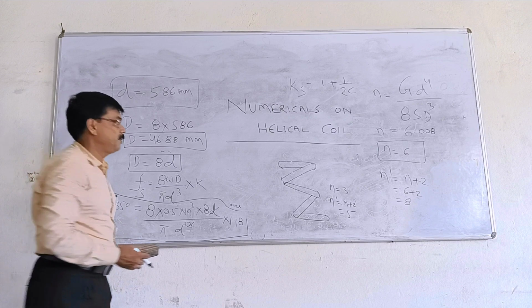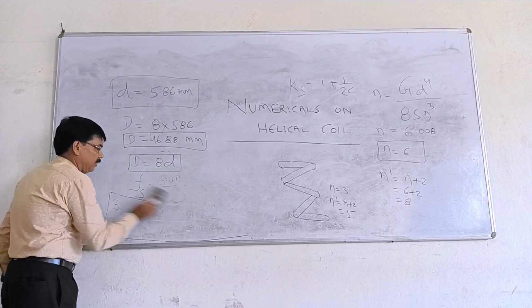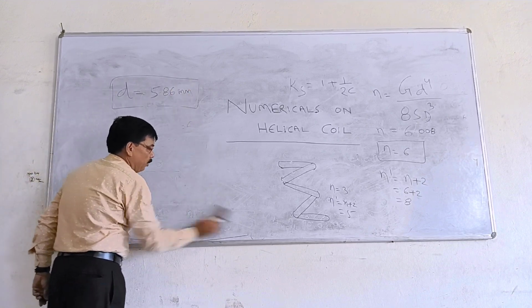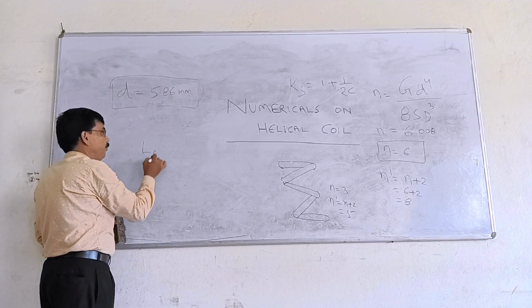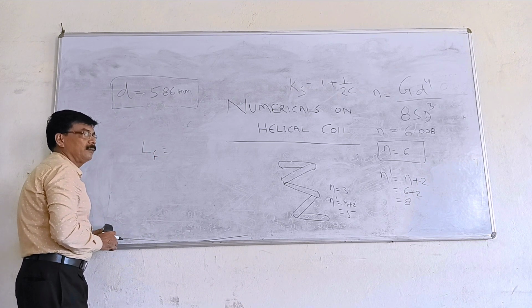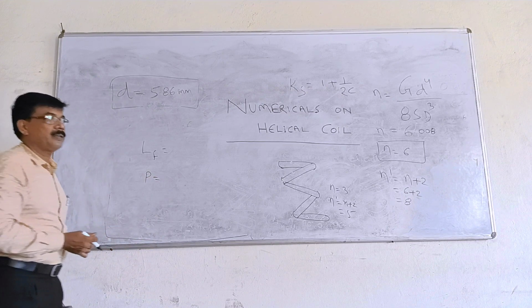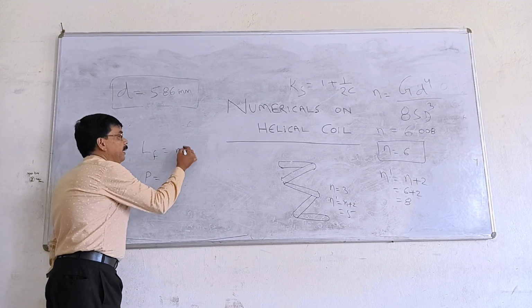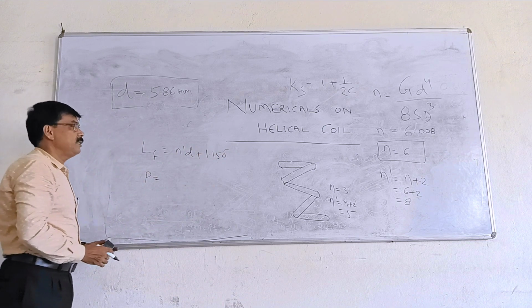Next parameter, free length and pitch. Find out the free length, that is LF. LF is equal to n dash d plus 1.15 delta. This is the LF formula.